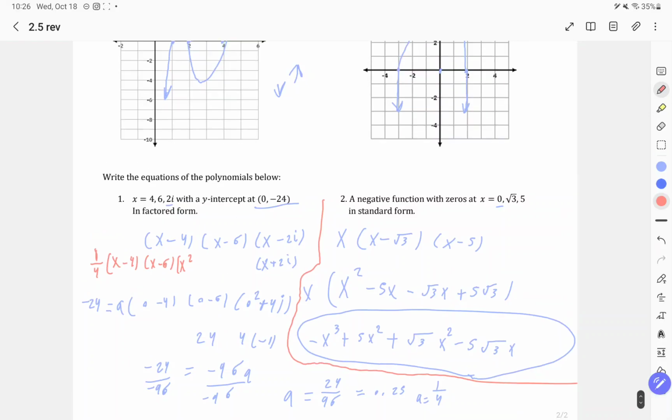Yeah, plus 4. I doubted myself for a second. That's not a bracket, that's a parenthesis. But yes, this is the final form of that.